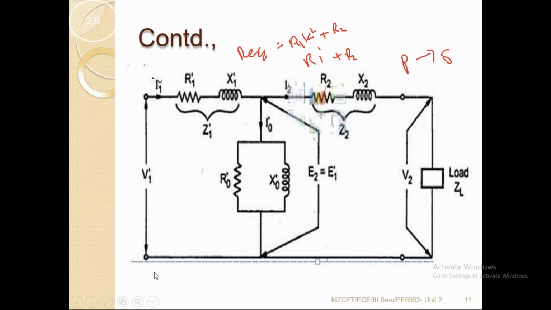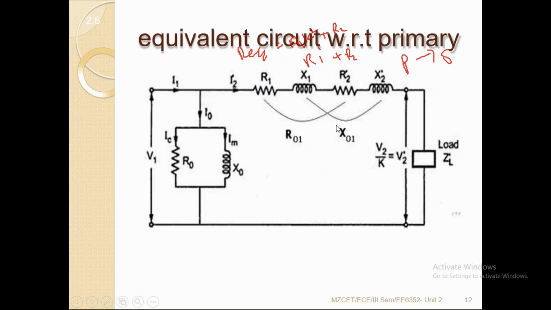Now by using these two cases, case 1 and case 2, finally you will get the equivalent circuit with respect to the primary. You will get the equivalent circuit like this. R1 plus R2 dash is represented as R01, the equivalent resistance. X1 plus X2 dash is X01, the equivalent reactance.